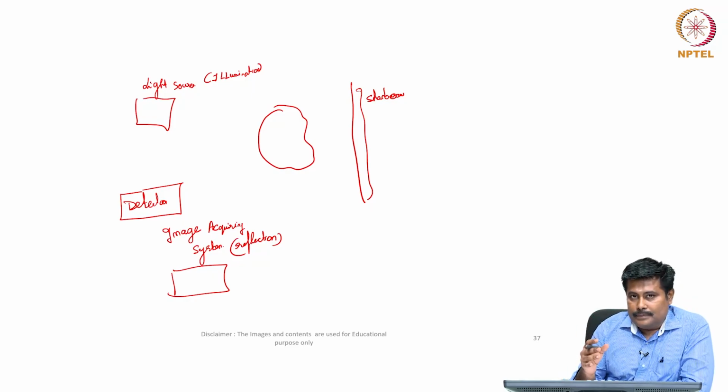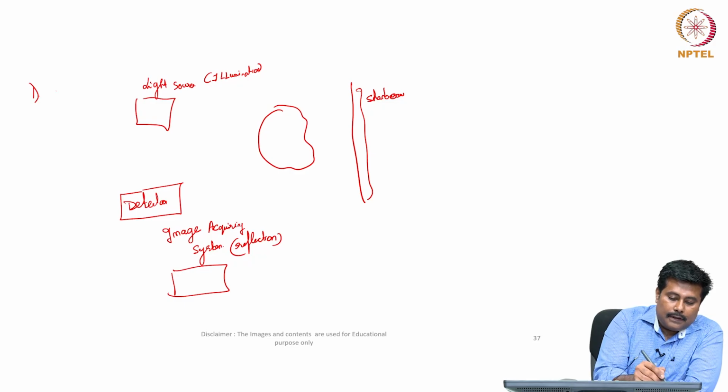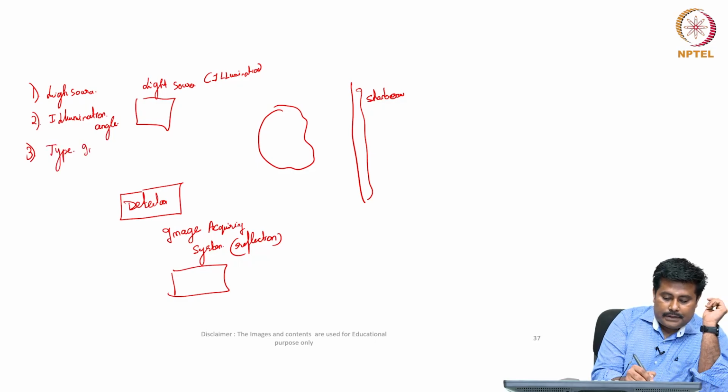So, if we keenly observe, some of the key parameters which are used for getting constructive images are, one, the type of light source which we are using, second, the illumination angle, third, the type of image acquisition system, fourth, the image processing.